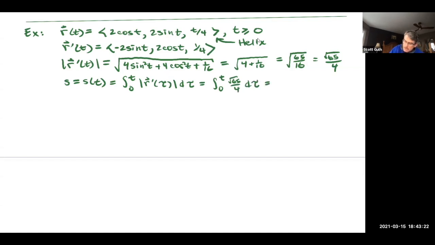So this is square root of 65/4 tau from 0 to t. So this is the square root of 65/4 times t. That's just distance equals rate times time, because the rate was the square root of 65/4. That's the magnitude of r prime. That's the speed. And t is the time, and s is the distance. So distance equals rate times time. No kidding.